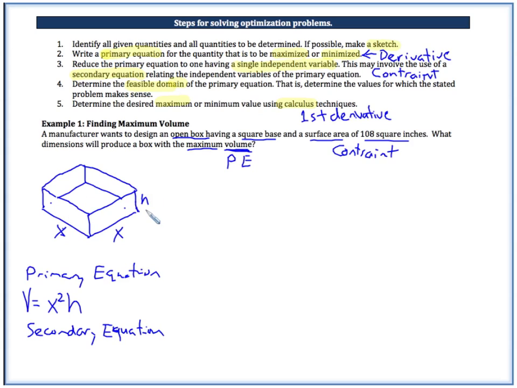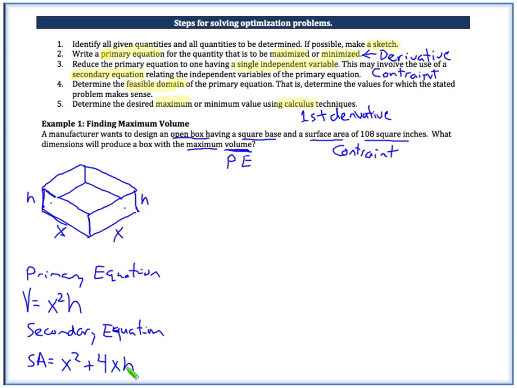But let's find the surface area of this box. So we know the surface area is going to equal all the areas of all the rectangles here. So we have the base, which is just x squared. And then we also have each one of these sides of the box, and that's just going to be x times h, and we have 4 of those, so we have 4x times h.